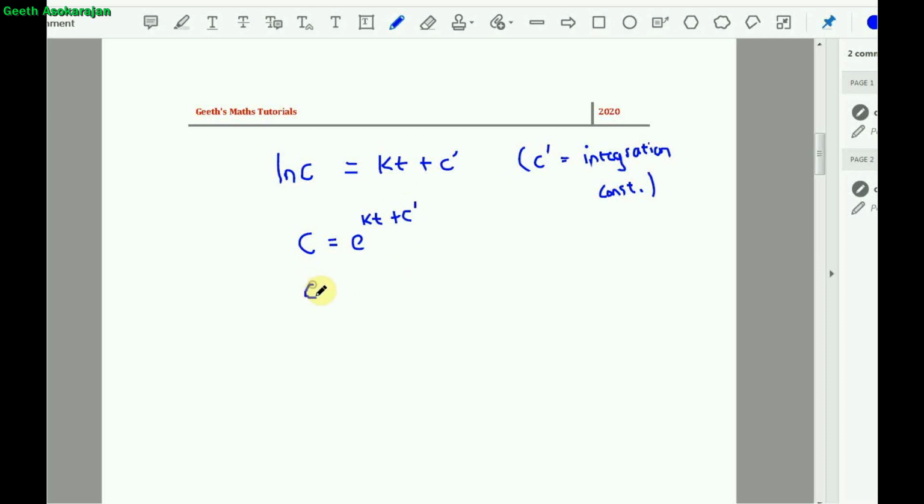And let me separate this exponential term. I can rewrite this as e to the kt times e to the c dash. This can be done by using the multiplication law of indices: if you multiply two terms having the same base, we add the powers.